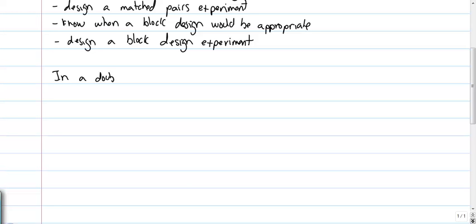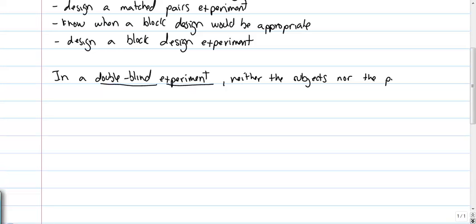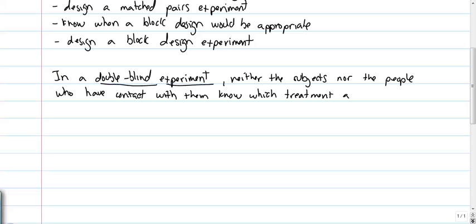In a double blind experiment, neither the subjects nor the people who have contact with them know which treatment a subject received.